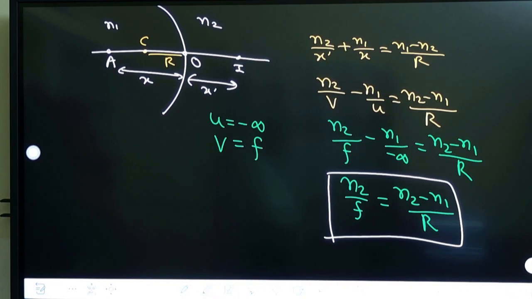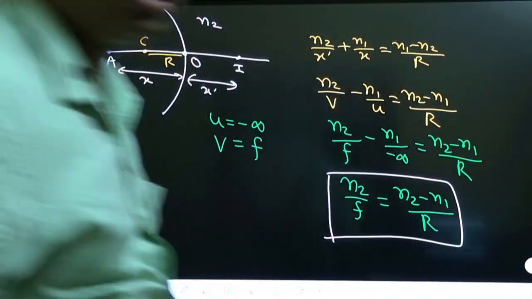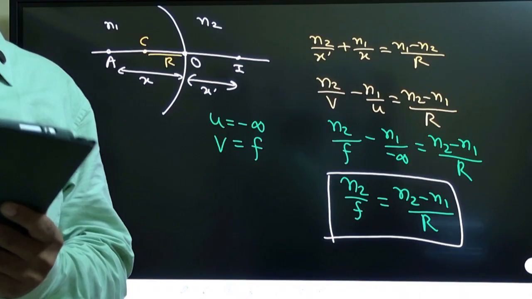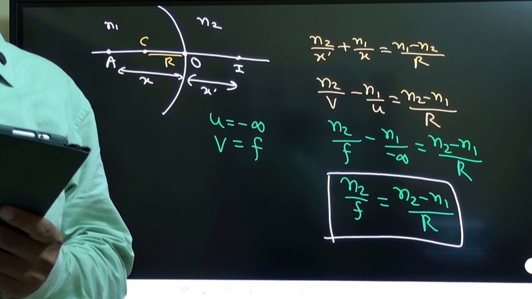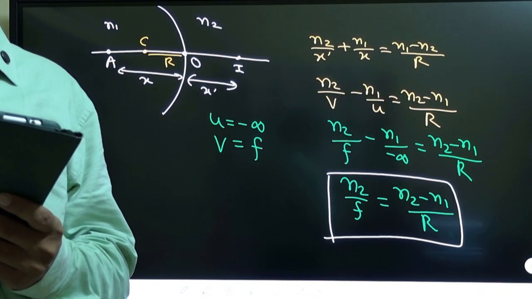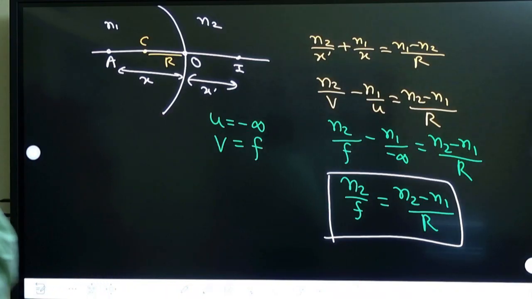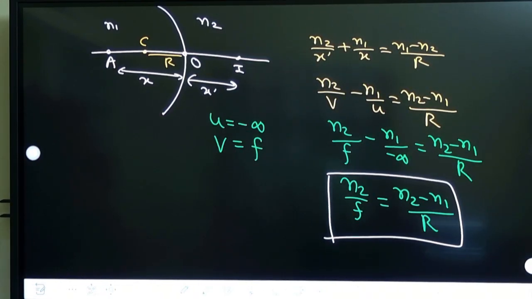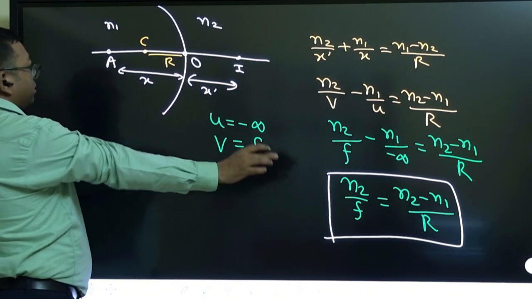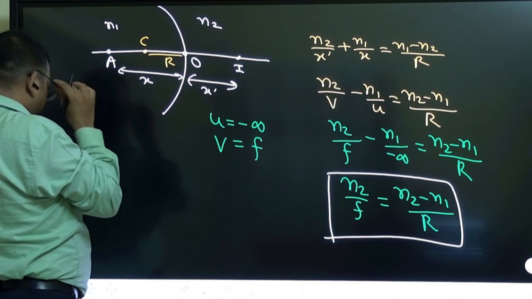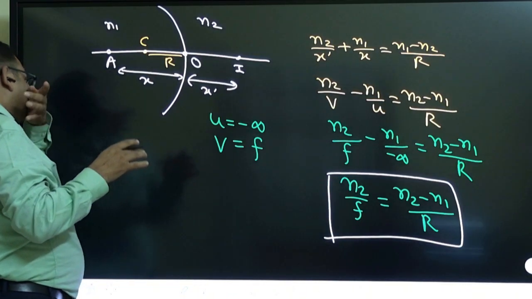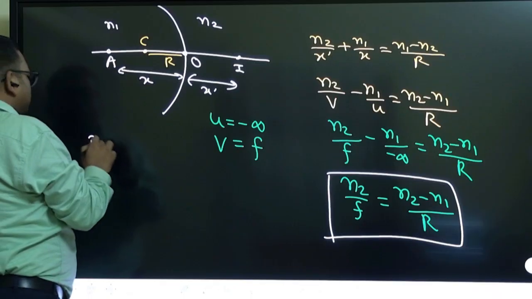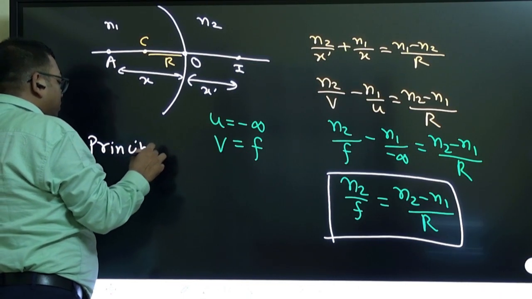In the modules it is defined with a minus sign, and it is called reduced focal length, mu1 by f1, mu2 by f2. Before coming to power, using this formula, we will understand principal foci, then we will discuss power.